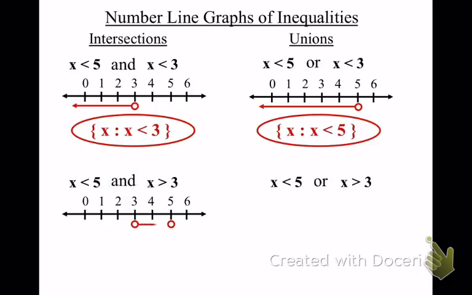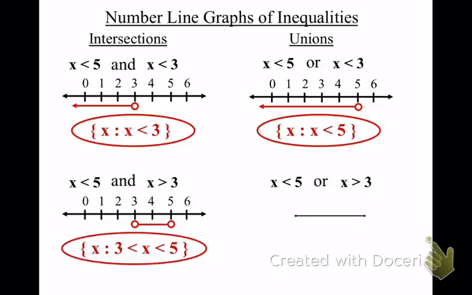Why don't you guys try and graph that now? Okay, so now what am I going to do here? How about Alex? Tell me what to do first. So you put an open circle on 5.